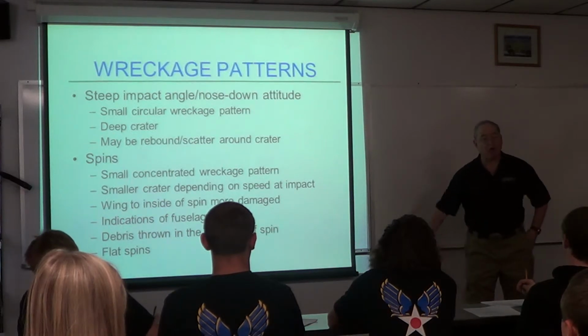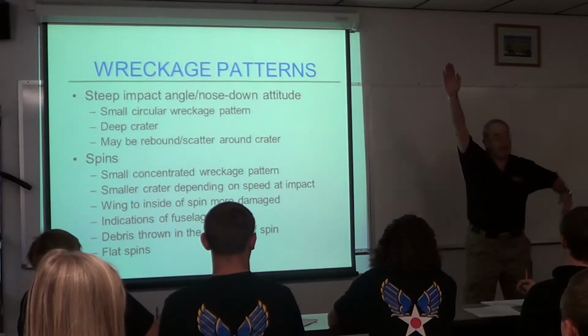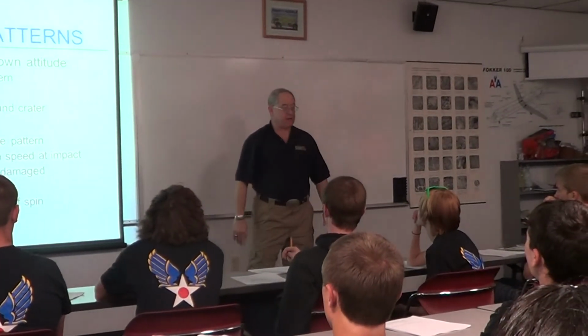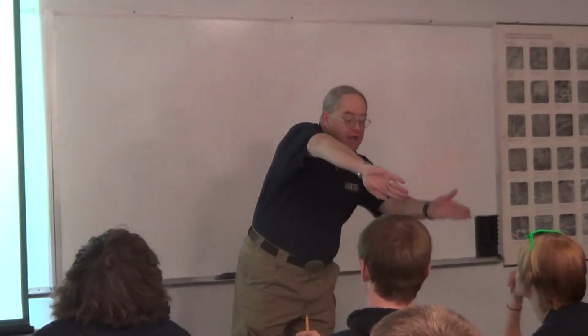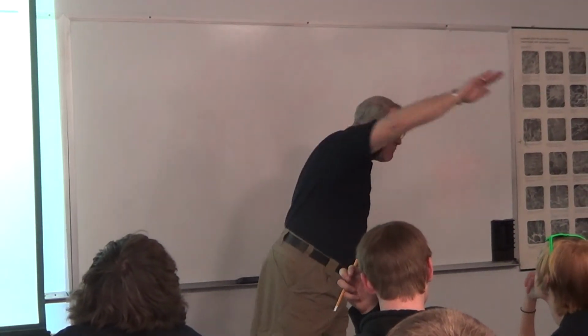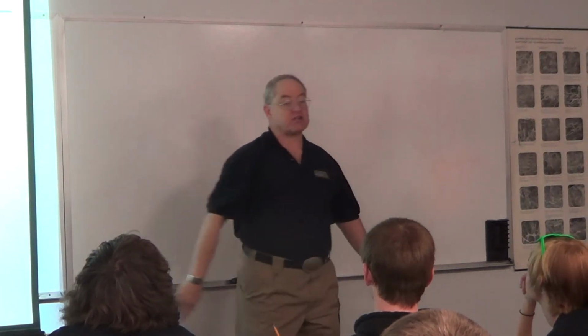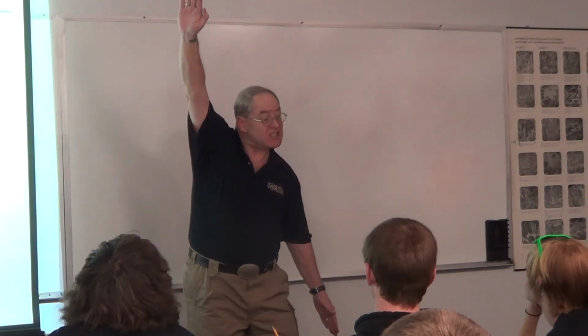You always have one wing bent forward and one wing inertially bent backward. The low wing is going to be the one that digs in and fails rearward. The high wing is the one that, everybody know what inertia is? Okay. Inertially fails and projects forward. So you've always got that asymmetry in a normal spin.